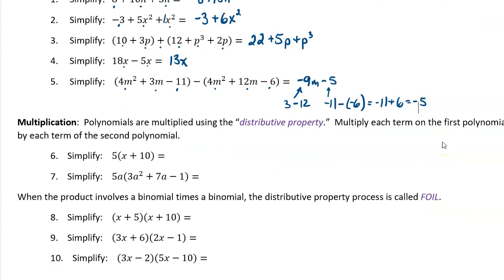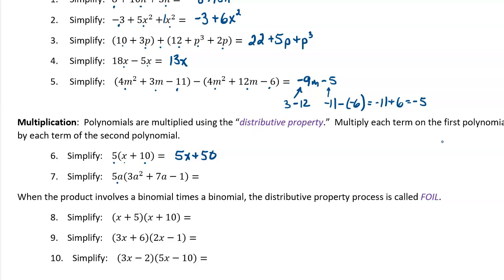Now some multiplication. Polynomials are multiplied using the distributive property. The distributive property is repeated multiplication, multiplying the monomial that's at the beginning by each term of the polynomial that's in parentheses. Number 6, 5 times x is 5x. 5 times 10 is positive 50.